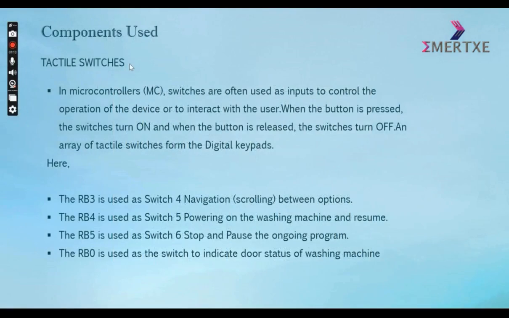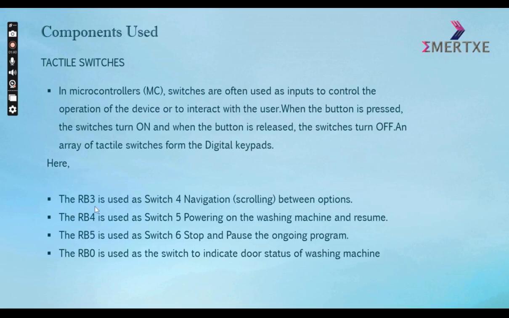The hardware peripherals, or components, used in this project start with the tactile switch. In microcontrollers, switches are often used as input to control the operation of the device or to interact with the user. When the button is pressed, the switch turns on, and when the button is released, the switch turns off. An array of tactile switches forms digital keypads.